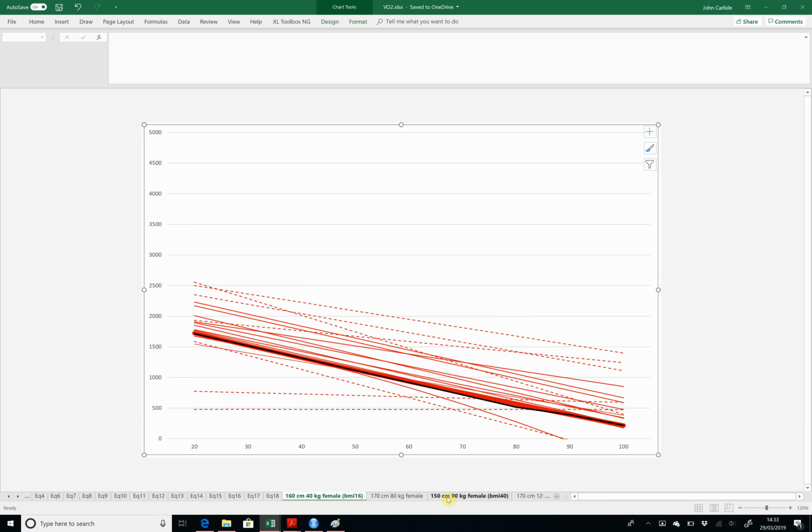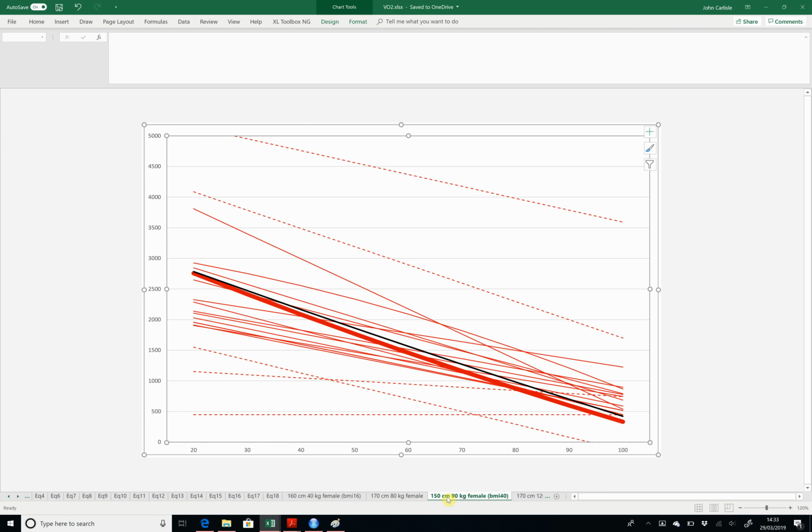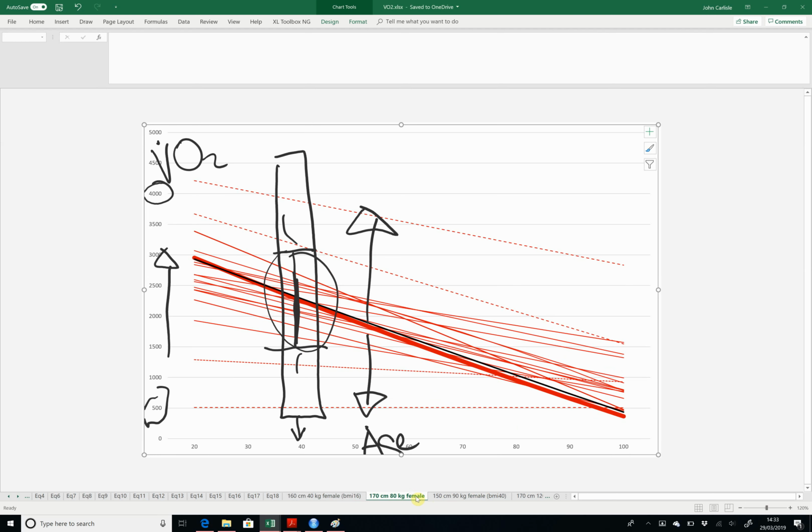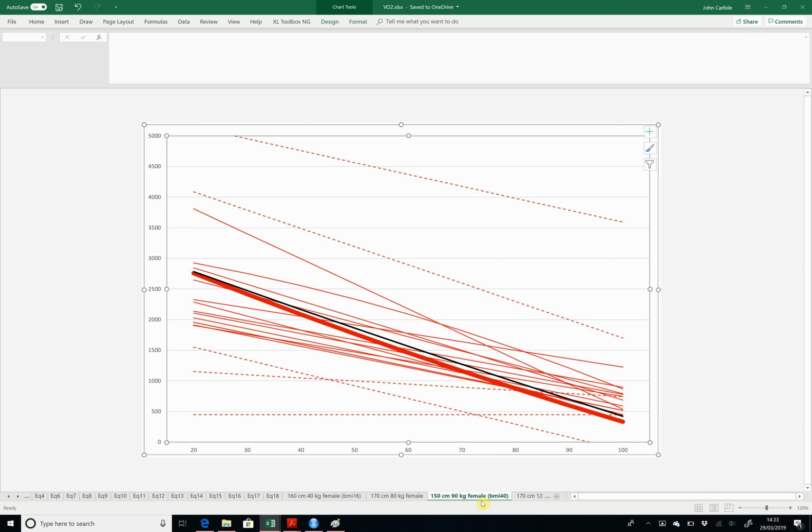A shorter but fatter woman won't be expected, with most of the equations, to consume as much oxygen as a taller but slightly lower weight woman, is what I annotated.